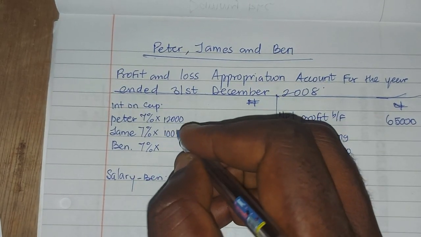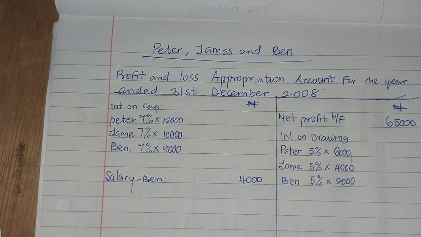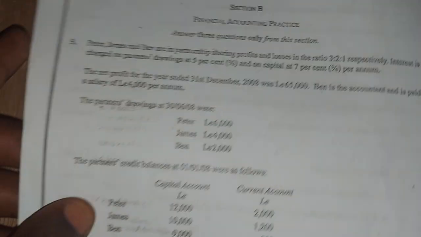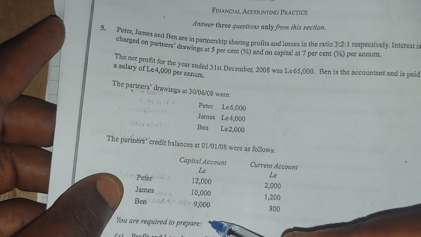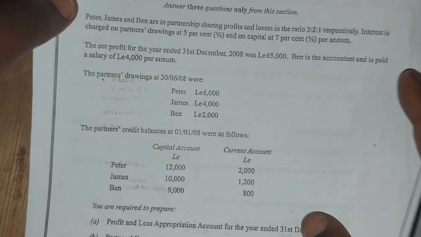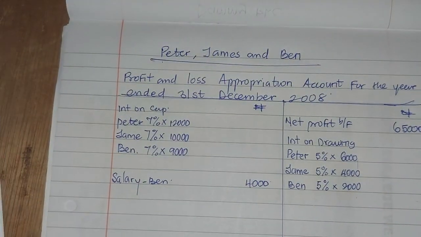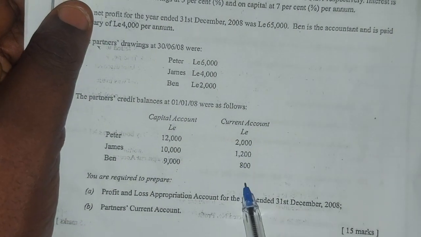Then 10,000 and 9,000. That is their capital account balances. We are not asked to prepare capital accounts, but we only use these figures to calculate their interest. Then the current account balances.